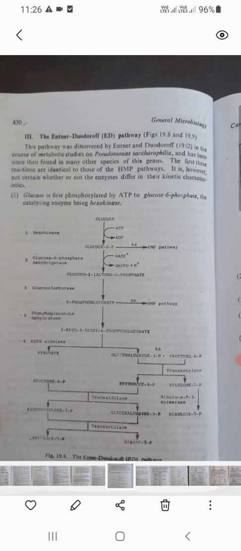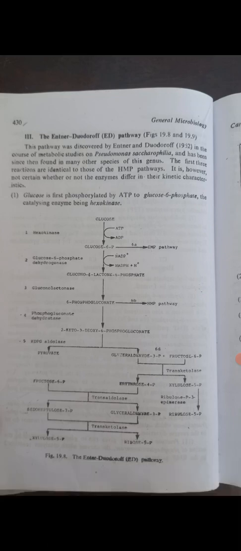This KDPG is acted on by KDPG aldolase, which splits the 2 keto 3 deoxy 6 phosphogluconate into pyruvate and glyceraldehyde 3-phosphate. The pyruvate is the ultimate product, so no further reaction occurs with pyruvate.